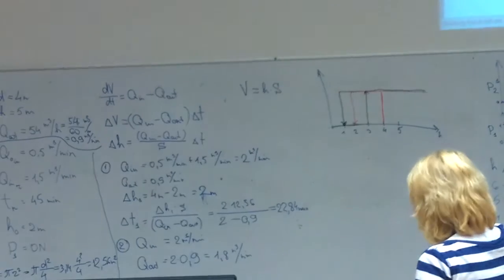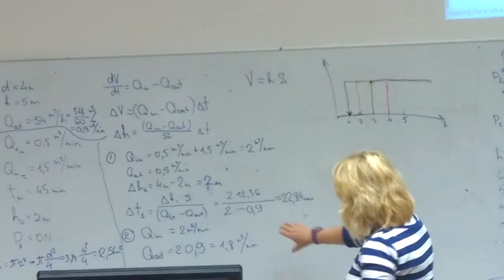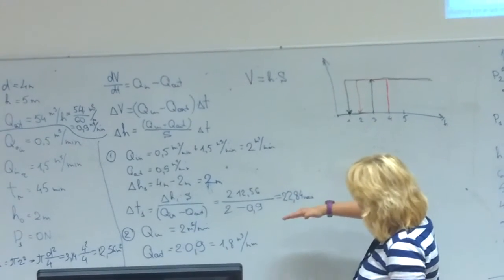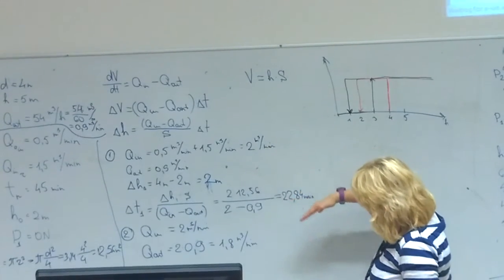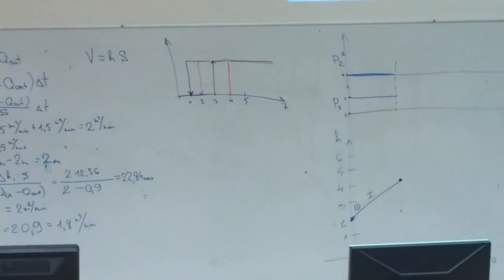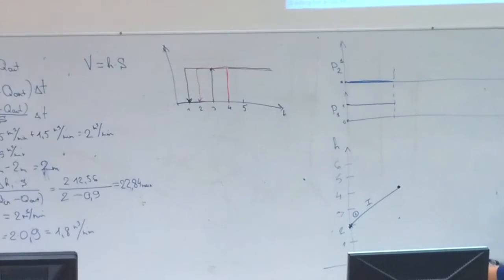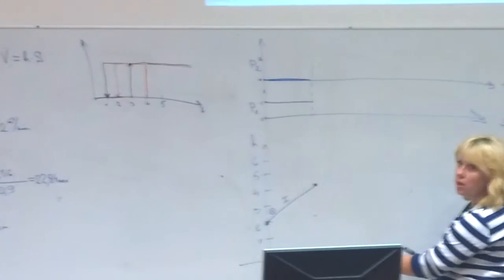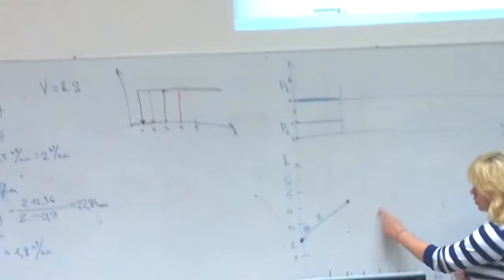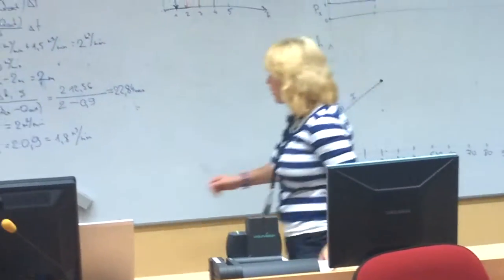It will be doubled. Okay, but right now, as you can see, the increase of the liquid level is not so drastic. So basically, we should find, because we know that our rain will last only 45 minutes, what height we will reach during that time.